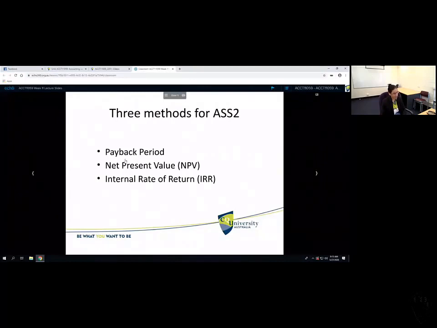What I am going to do is provide you with an explanation behind each of these 3 methods, because as the next step after you calculate them in your assignment, you have to explain each of your calculations and then come to a decision. Okay, so we'll go through each of these methods now.